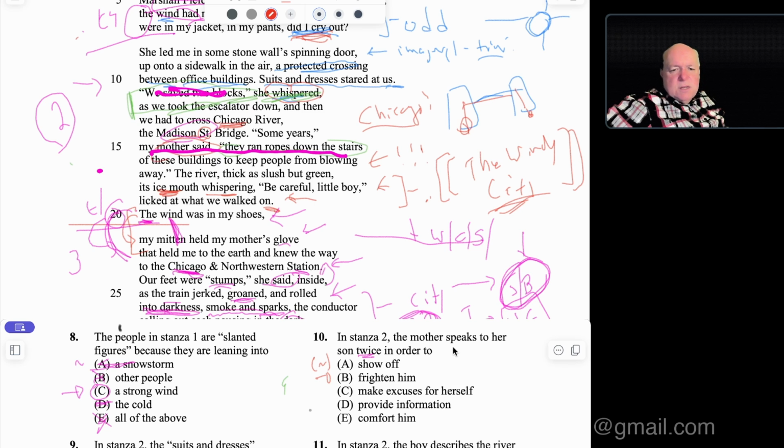And the question doesn't say how does he feel. It says why does she speak that, right? So she may not have spoken to frighten him. I think she actually did it to calm him down. So it's actually the opposite of that. But I could see B being an argument. All right, make excuses for herself. So does she realize at that point, like, why did I bring the kid out today? It's so cold, right? So that's there as well.